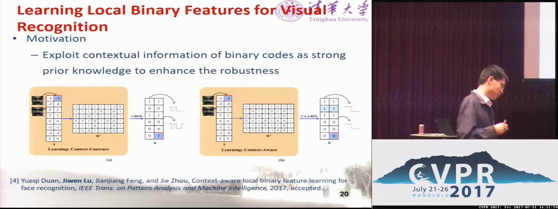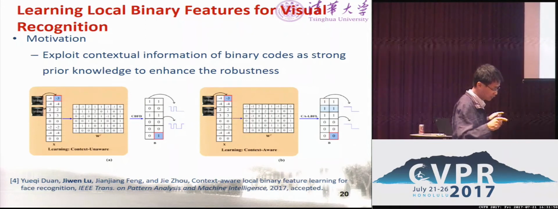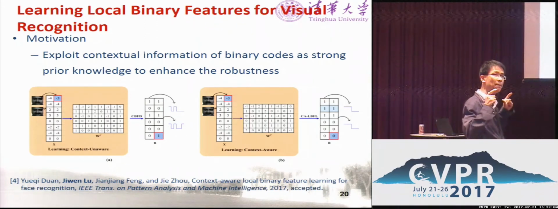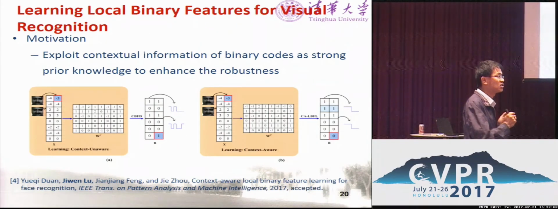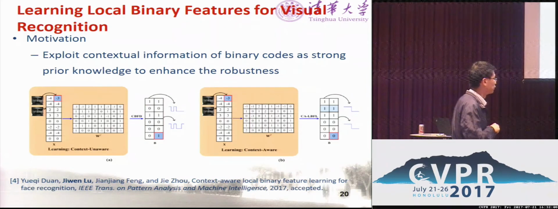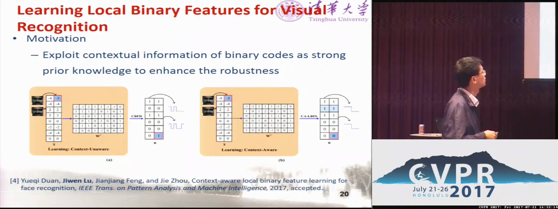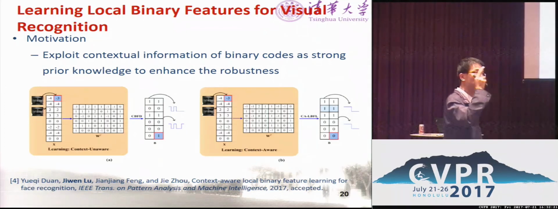For example, in the original LBP method, we have an encoding pattern called the uniform pattern. What's the key idea of the uniform pattern? In the obtained binary code space, we only compute the occurrence of binary codes which have at most two transitions.